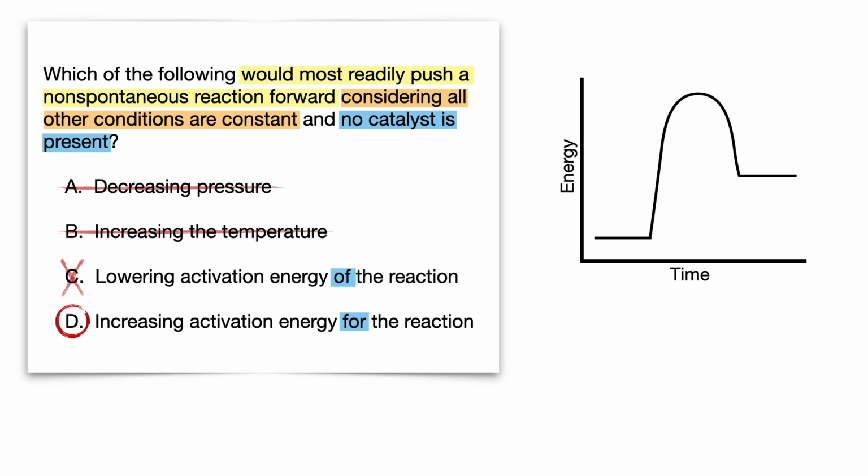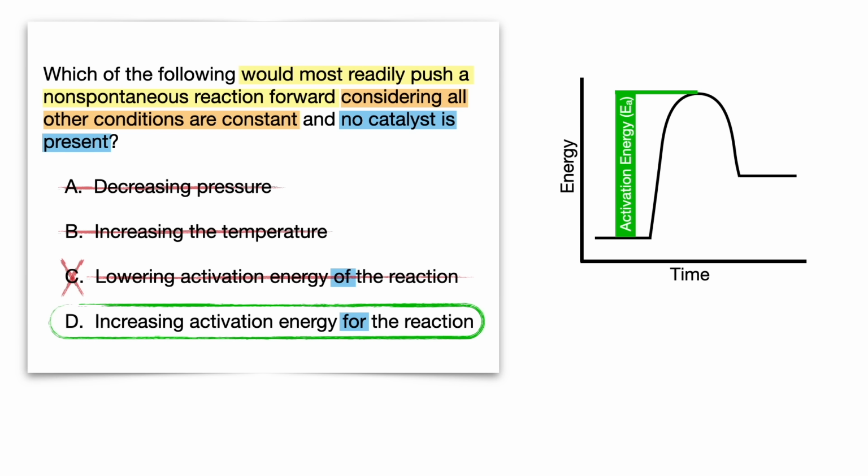At first, this doesn't seem like a big difference, but lowering activation energy of a reaction is referring to the activation energy measure between the reactants and the intermediate or transition state, and this is an inherent quality of the reaction, meaning it is what it is based on the reactants and their intermediate or transition state, which more specifically means that it cannot be changed or does not change unless a catalyst is added. But remember, the question said considering no catalyst present, which means C cannot be the correct answer, D is.